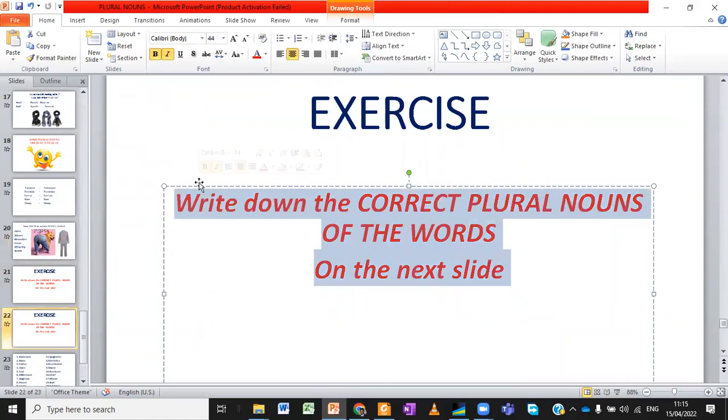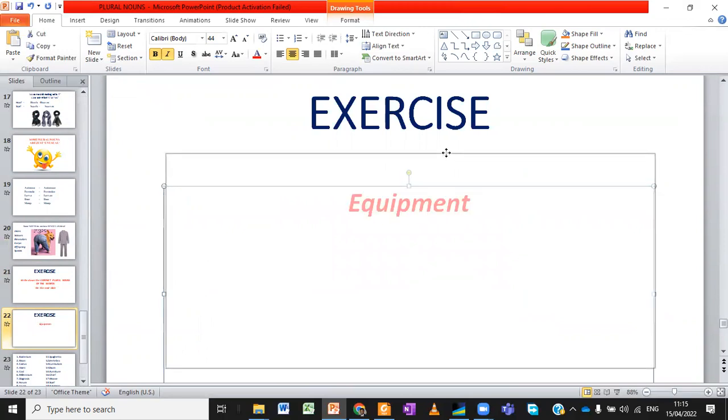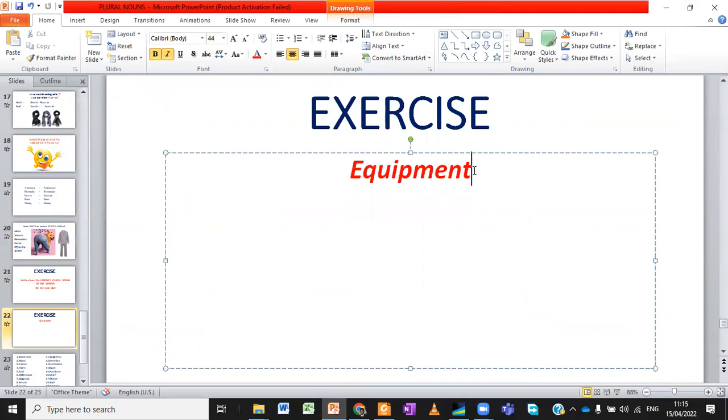Okay, let me see if I can, let's try this. What about this? Singular or plural? If you want to make it plural, what do you add? S, we'll find out very soon. But it's wrong. What of this? Equipment, there's no S. So equipment remains equipment.